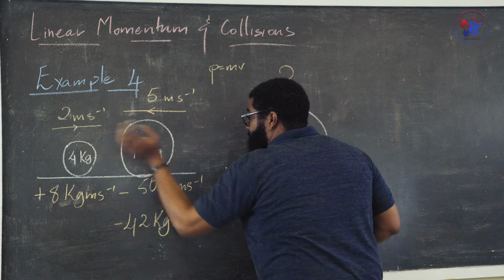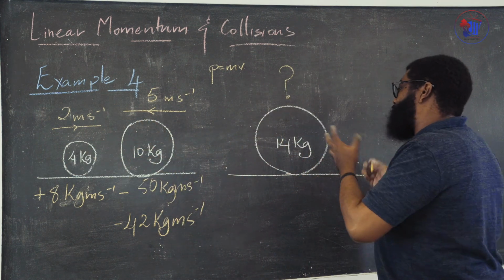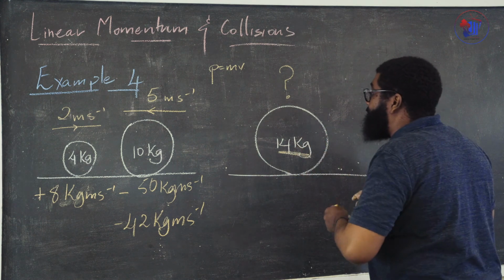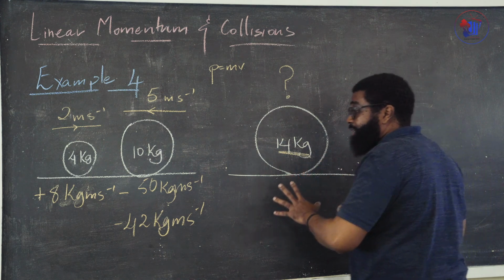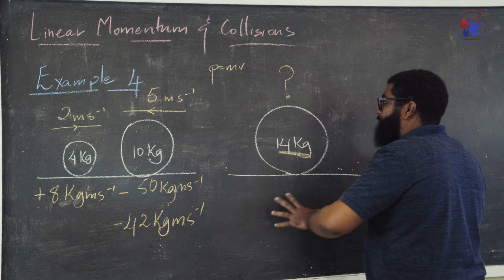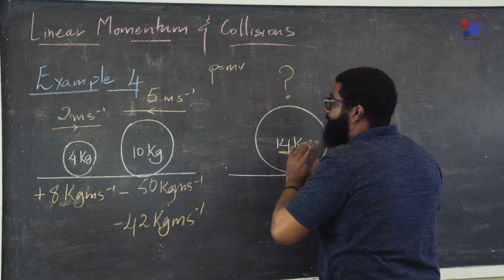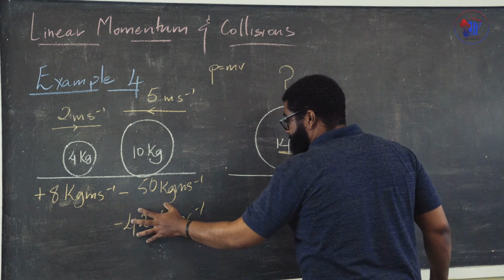If these two objects, 4 kilograms and 10 kilograms, combine without losing any mass, the new mass of the single object is now 14 kilograms. Okay, that's the first thing. The second thing is that because there's only one object, we don't know what happens here. We have to depend on the principle of conservation of linear momentum to explain this.